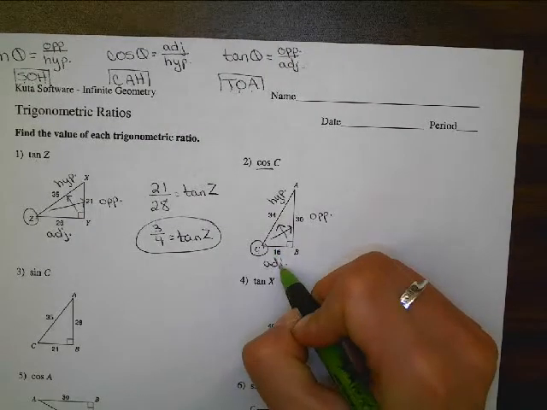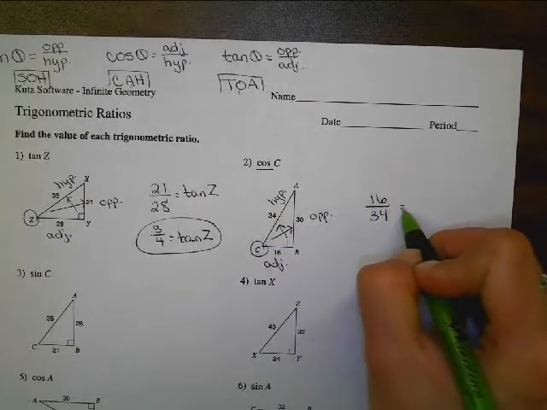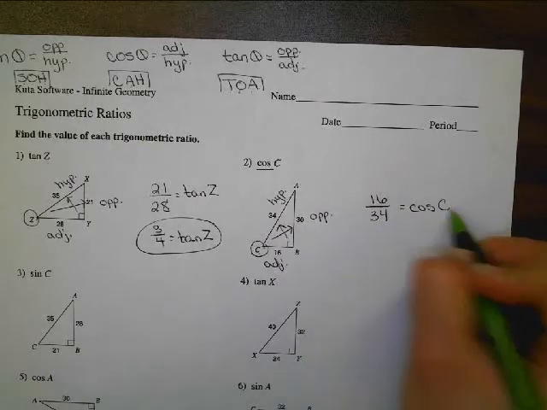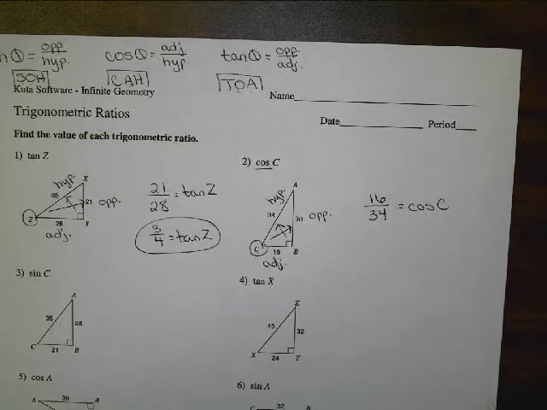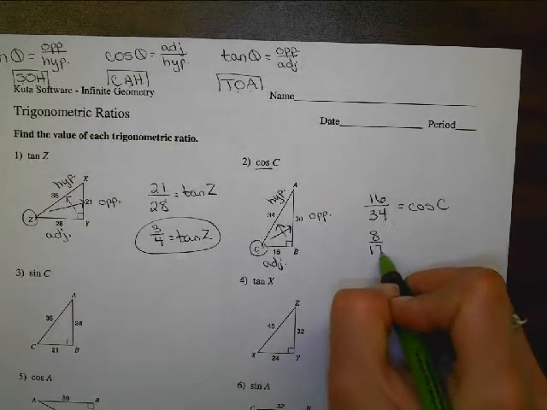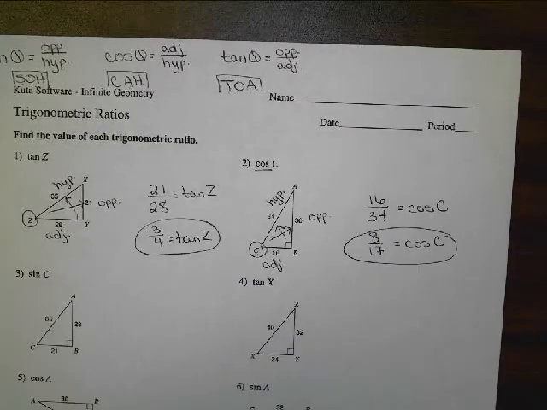So the adjacent side to angle C is 16. The hypotenuse is 34. That'd be the cosine of C. Again, we got to reduce this as much as we can. So 16 over 34 reduces to 8 over 17. So the ratio of the cosine of C is 8 over 17.